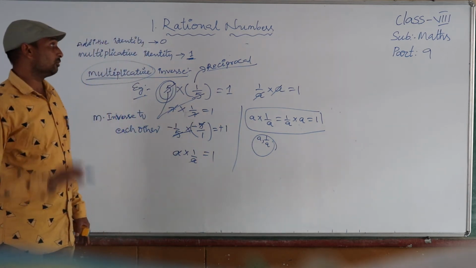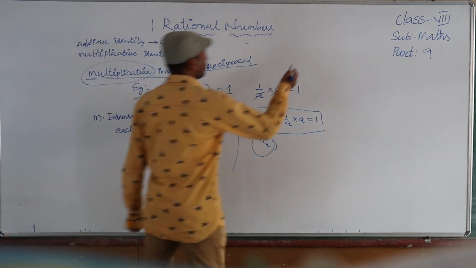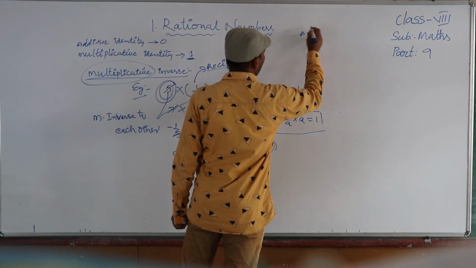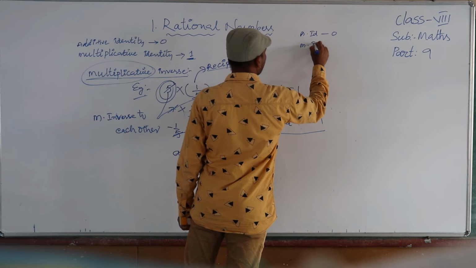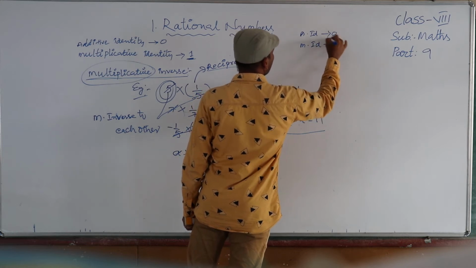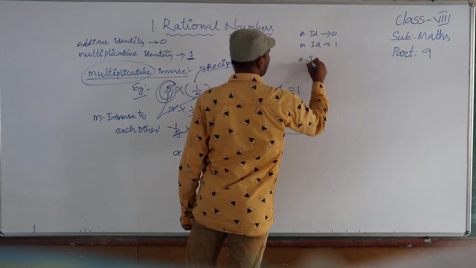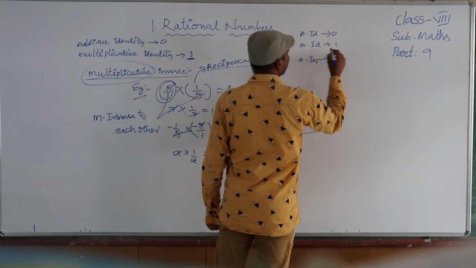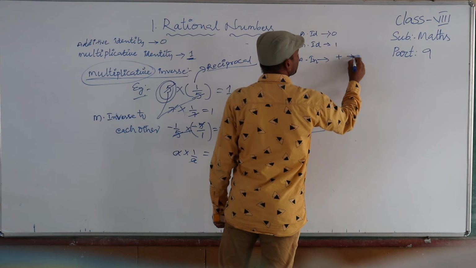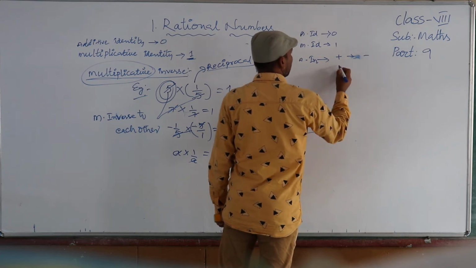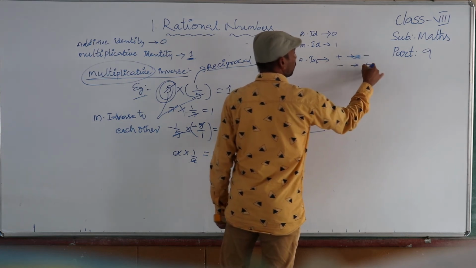So children, once again, additive identity 0, multiplicative identity 1, and additive inverse: if they give a positive value, we have to write the negative value; if they give negative, we have to write positive.